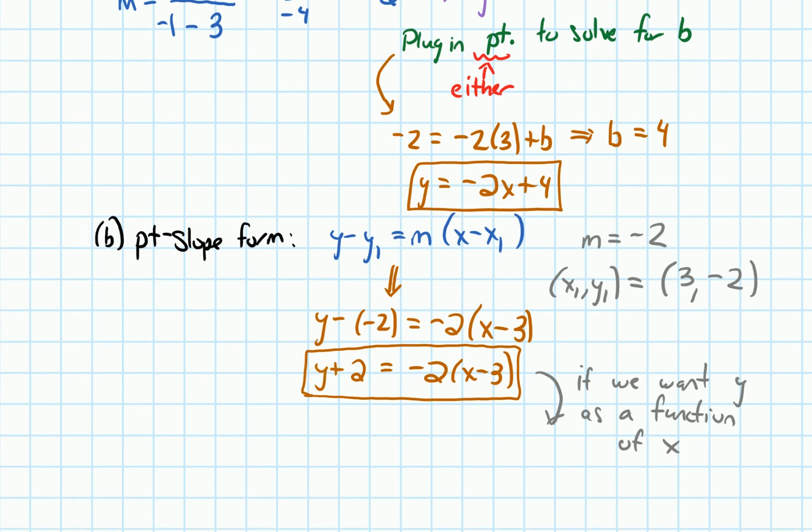So we subtract the 2 to the other side. We get y equals negative 2x, distributing the negative 2, I get plus 6, and then subtract the 2, so minus 2. Simplifying, we get y equals negative 2x plus 4, and that's the same thing as what we got up here.